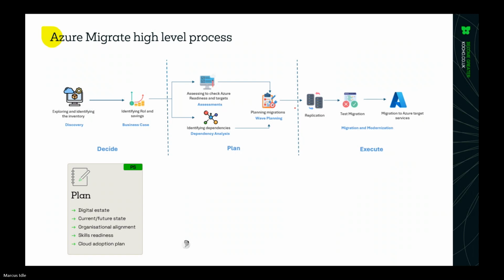So what is dependent on the other in terms of networking connections and so on and so forth. And really getting a view of, am I faced with any technical or technology challenges to be able to move those onto the Azure platform? That's what Azure Migrate will help you understand. Can I move this as it is directly from on-prem into the Azure platform, maybe into an Azure managed SQL instance or whatever it might be? So Azure Migrate provides a really comprehensive view of what that looks like.